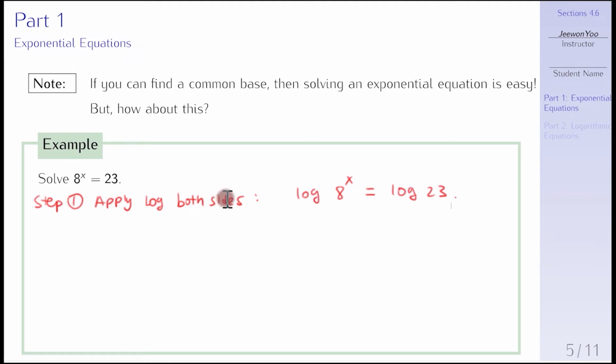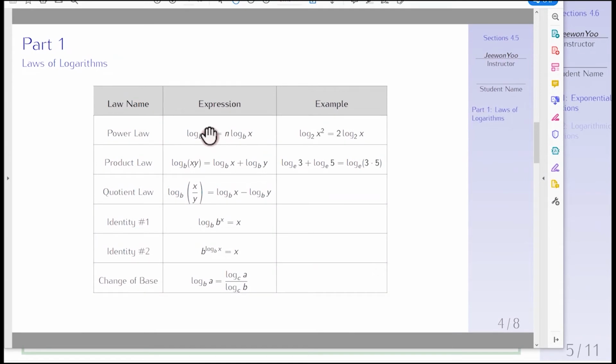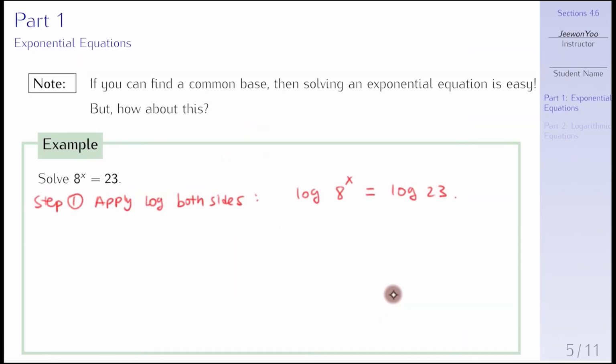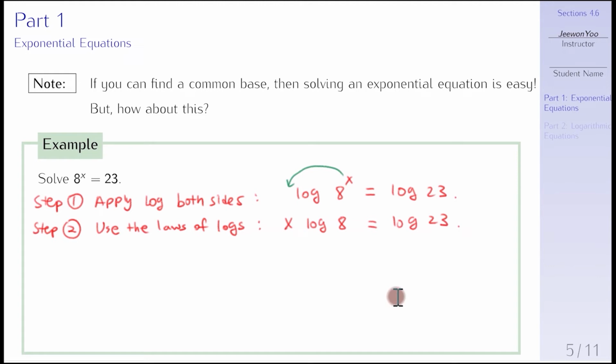The beauty of logarithms is that you can use this law. You see that you can bring the exponent to the front. And then what do you do next? Because you're solving for x, you divide both sides by log of 8.